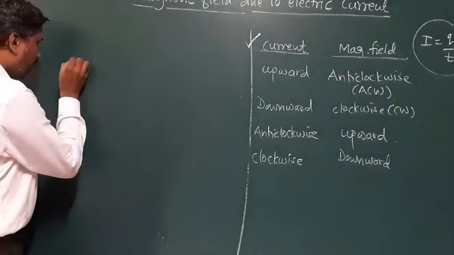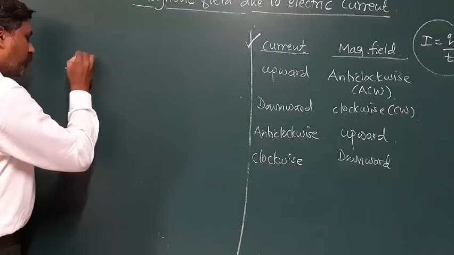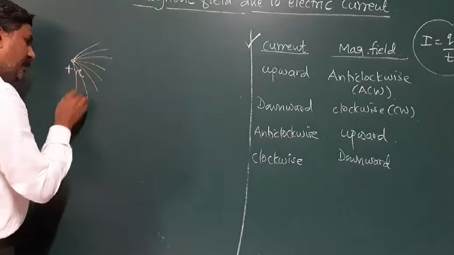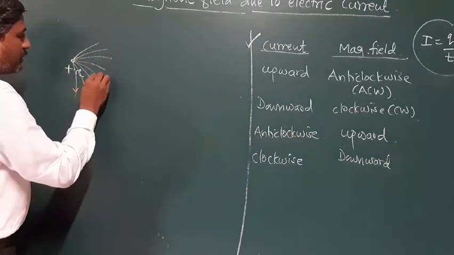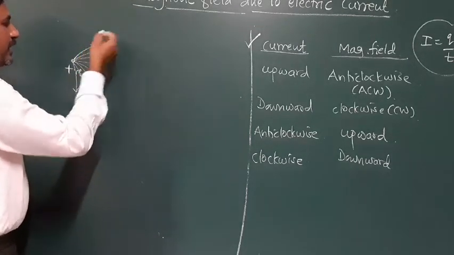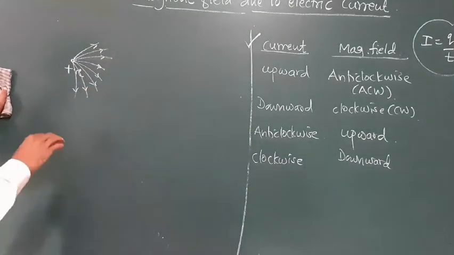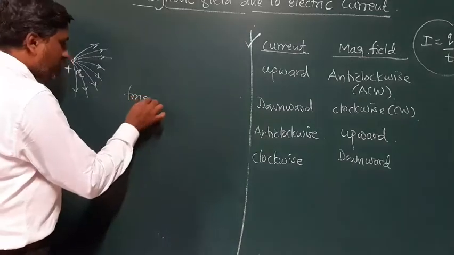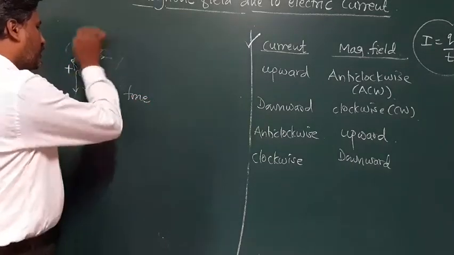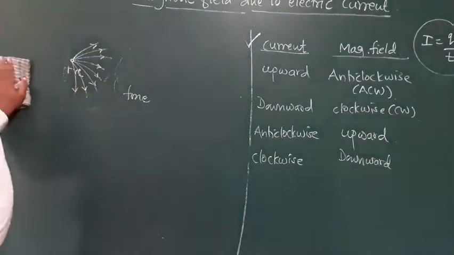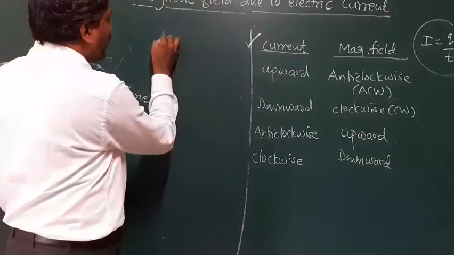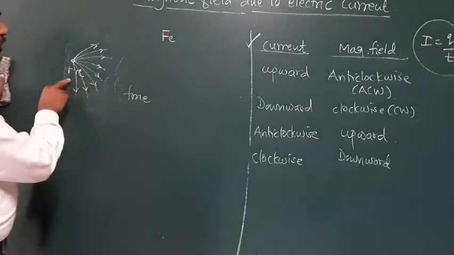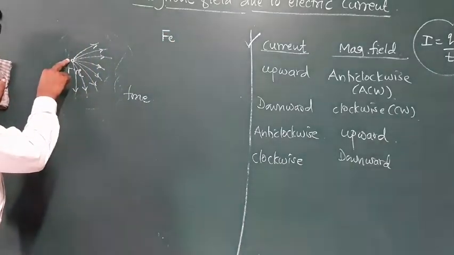When there is a positive charge, from the positive charge electric lines of force are emitted. These electric lines of force are emitted from the positive charge and end at the negative charge. These electric lines of force experience some force in the surrounding medium, and that force is the electric force, because this force is produced because of this positively charged particle.